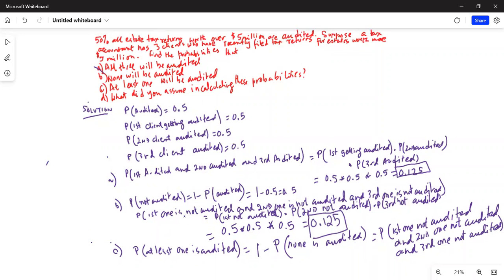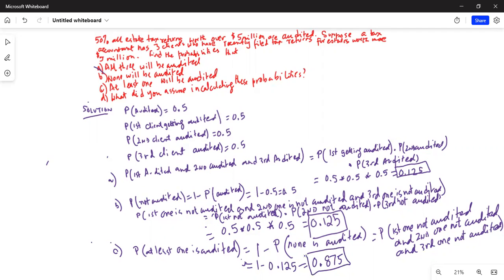So the probability at least one is audited is equal to 1 minus 0.125. So that answer is 0.875. You understand what we did?